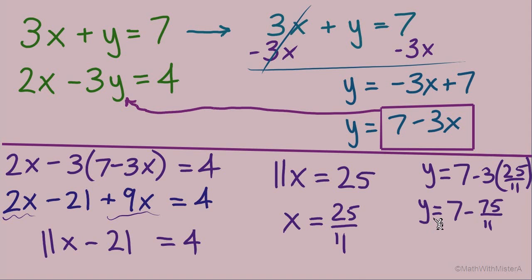That takes us to y equals 7 minus 75 over 11. To get a common denominator, I'm multiplying 7 by 11 over 11 equals 77 over 11. And now we can do a subtract to equal, it should be a positive right there, 2 11s. So I'm going to hide the negative sign, and that's a positive 2 11s.